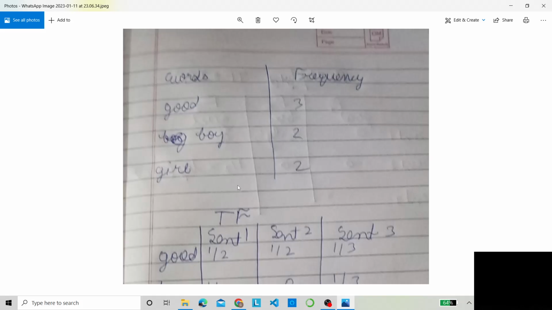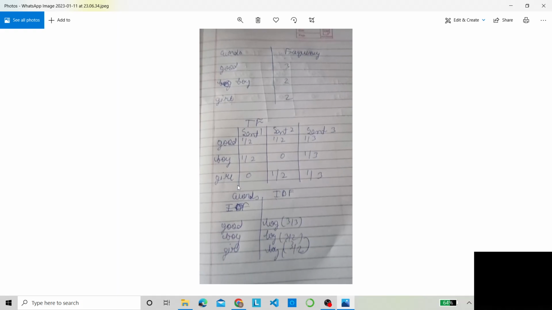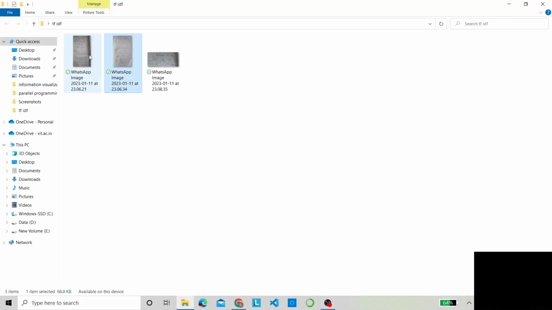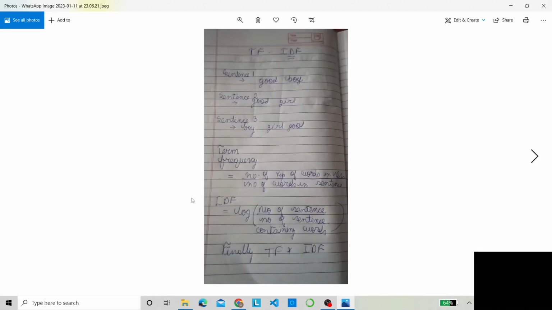So now we calculated the term frequency. For good, it was 1 by 2 for sentence 1. For sentence 2, it is also 1 by 2, and for sentence 3, it is 1 by 3. Let me show you how this works. In sentence 1, good appears only one time, divided by the number of sentences containing that word.